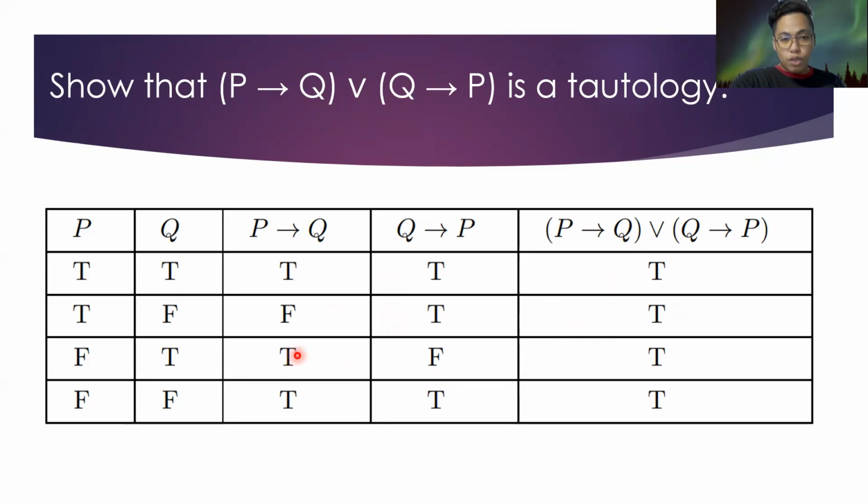There is one true, that's P to Q or true, and this is true. Of course, this will be true. So you can see that all the outcomes are true. This is an example of a tautology. If it happened that all the outcomes are false, that's called a contradiction.